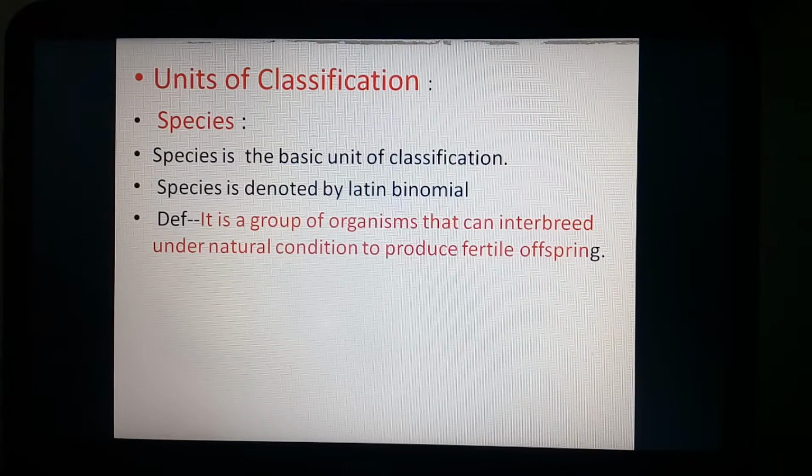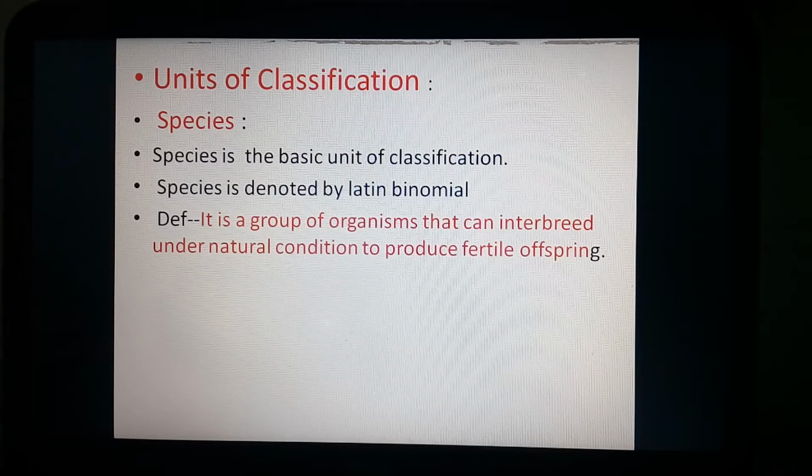This is a group of closely related or similar organisms that can freely interbreed with each other and produce fertile offspring. Group of similar organisms means what? The organisms externally should show the same kind of features. Their height, their color, their appearance, their habitat, their habit should be similar.